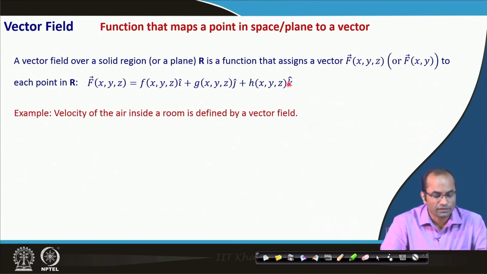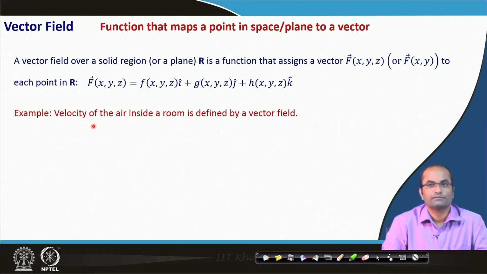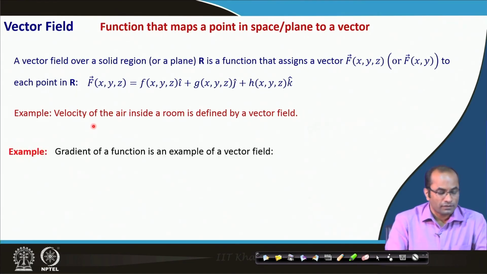The well known example we can think of is that the velocity of the air inside a room is defined by a vector field, because at each point in the room we have a velocity function, which is what we call the vector field. Another example is the gradient, which we learned in the last lecture. The gradient of a function is also an example of a vector field.